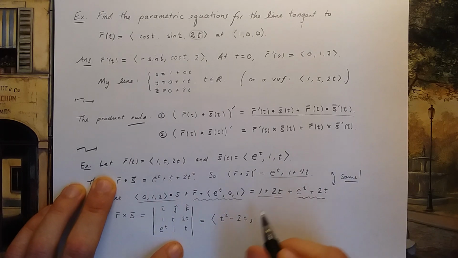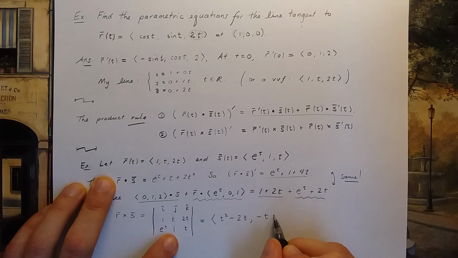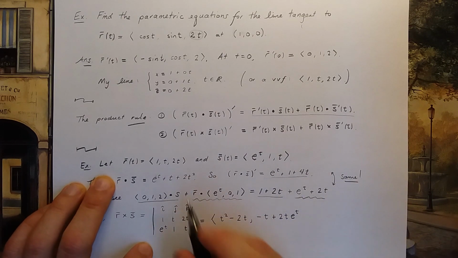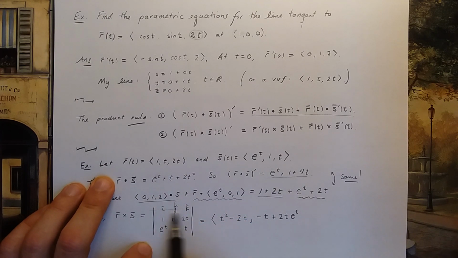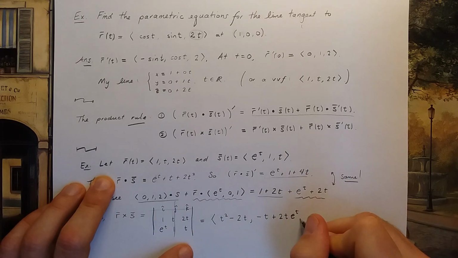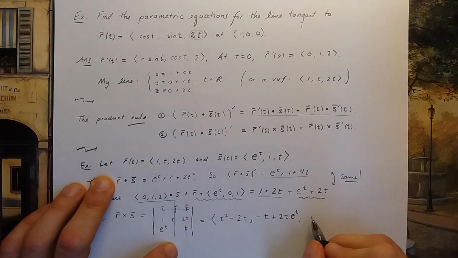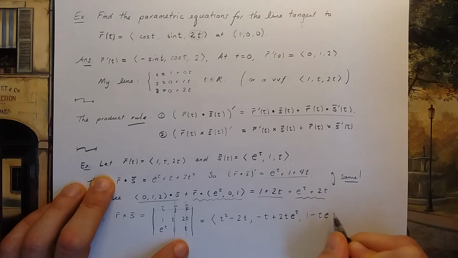The next component would be negative t plus 2t e to the t. What I did for the middle component was cross off the top row and the middle column, and then I did not forget the extra negative sign involved with the middle component. And then the last component would be 1 minus te to the t.